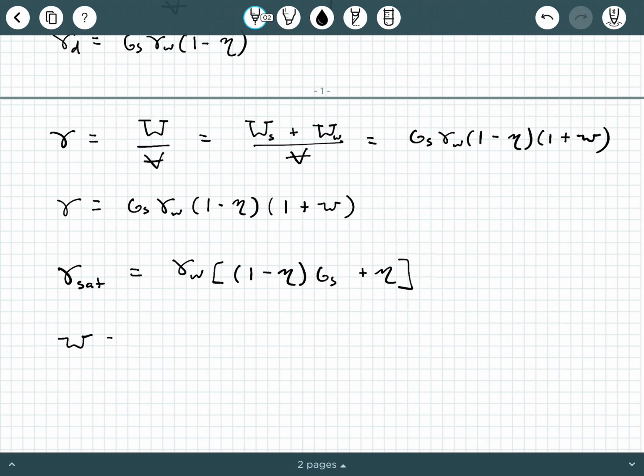And then I can say moisture content is expressed as porosity divided by 1 minus porosity times G sub S. Again, I didn't show all my algebra steps in the development of these equations, but take it upon yourself. Look into that. The textbook also has some information on these formula developments.